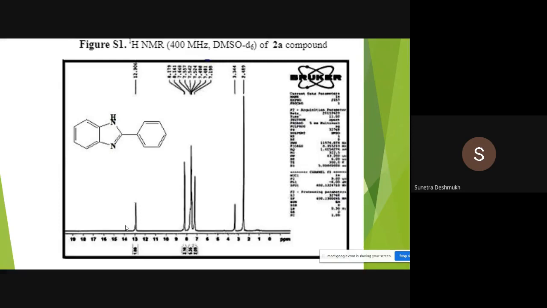It is very clean. Whenever you conduct your project, your spectral data should be in this form. It should be very clear. Now we'll see one C13 NMR. It is also very clean, with no impurities at all.